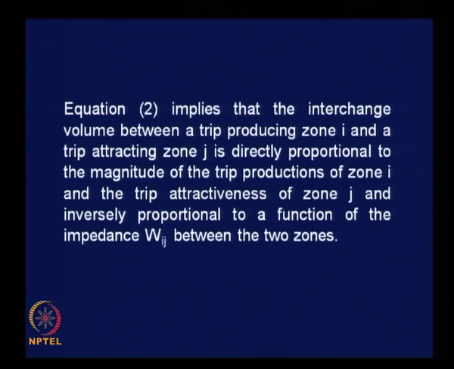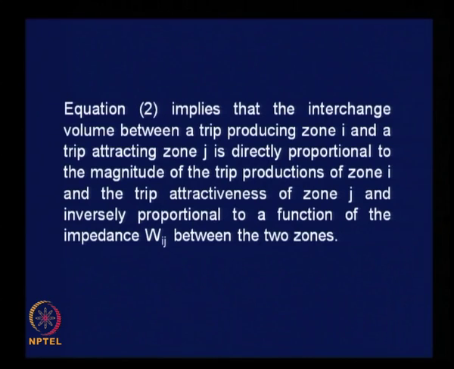The actual magnitude of the trip productions of zone I and the magnitude of the trip attractiveness of zone J, and inversely proportional to a function of the impedance Wij between the two zones in any zonal pair. Clear? That is the meaning of the previous equation.